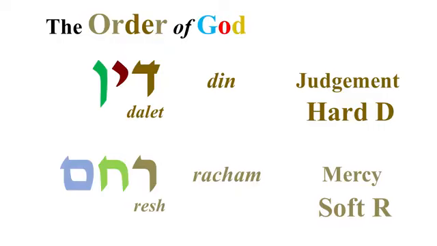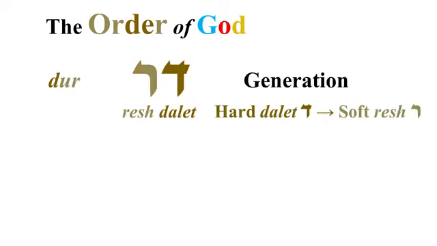And back to these two words with the hard D, dalet, and the softer resh. You notice, if you want generations to continue, notice the order that these two letters are in. Dalet is a hard dalet, and then it's a softer resh. And you know what?